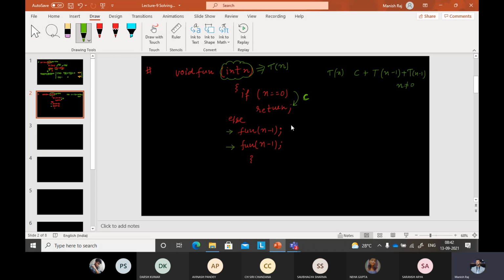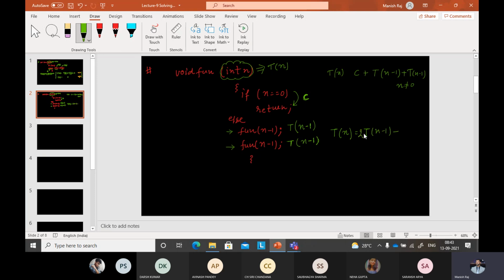For the first recurrence call, I am taking time n minus 1, and for the second one, I am also taking time n minus 1. So the total time will be T n minus 1 plus T n minus 1.